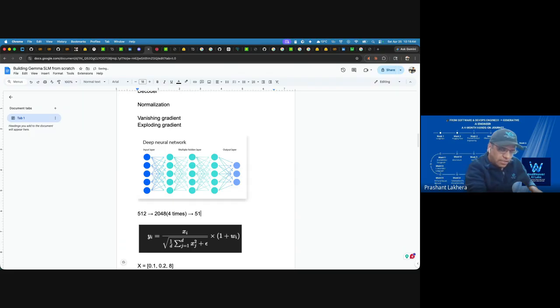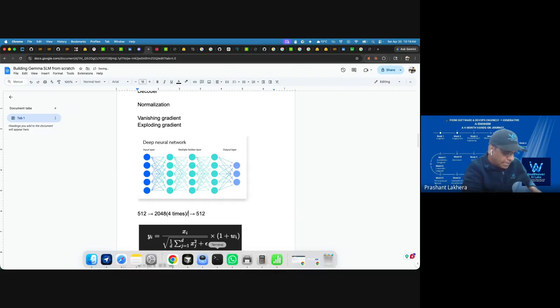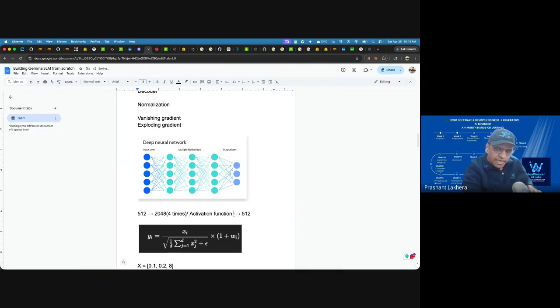For the output layer, they reduced it back to 512. And at that inner layer, they applied something called an activation function, just to capture that non-linearity. The main idea of increasing the dimension is to capture more features from our data set.